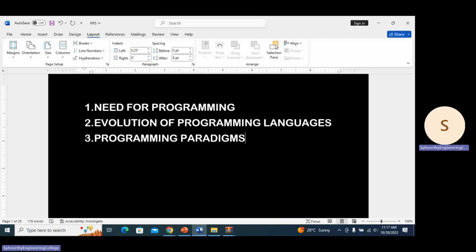In this lecture, we are going to discuss three topics: need for programming, evolution of programming languages, and programming paradigms. In continuation, in the next video lecture, we will understand memory addressing, which is a very important concept. Then we will go for computer programming, implementing it using the C programming language.